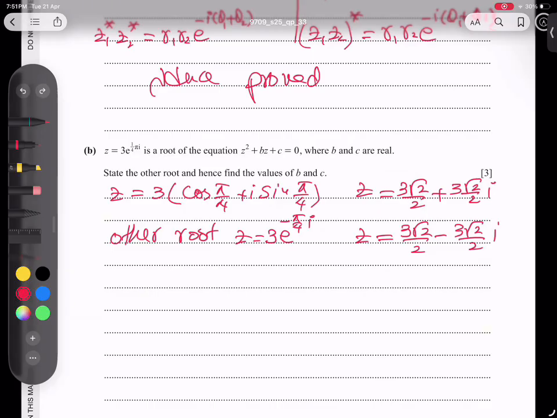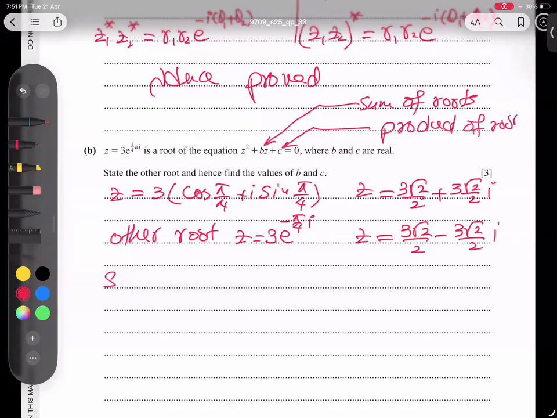Students, for your information, if we have a quadratic equation, what does B stand for? B stands for the sum of the roots. And what does C stand for? It is called the product of the roots.